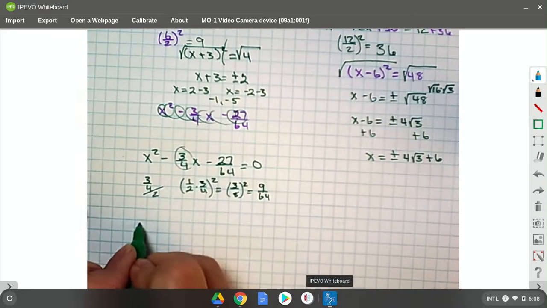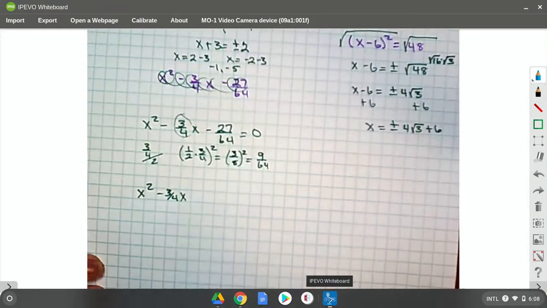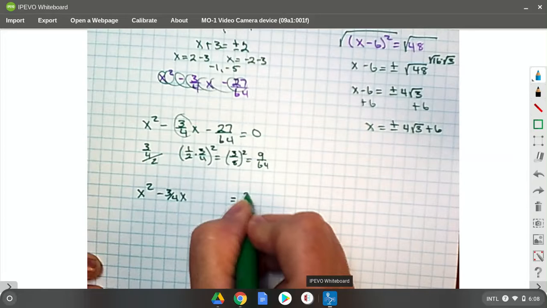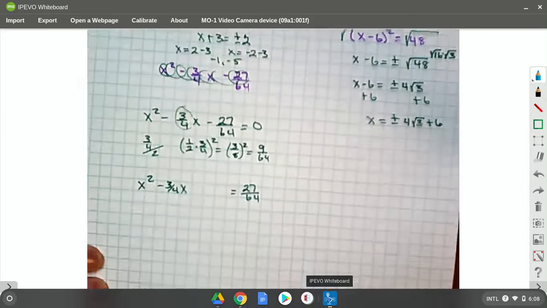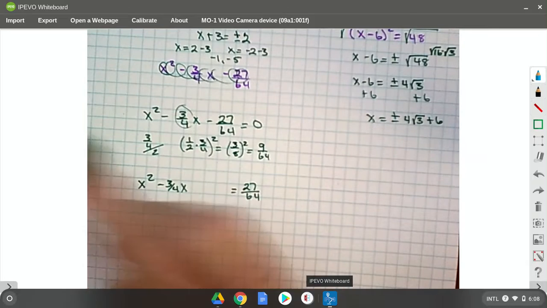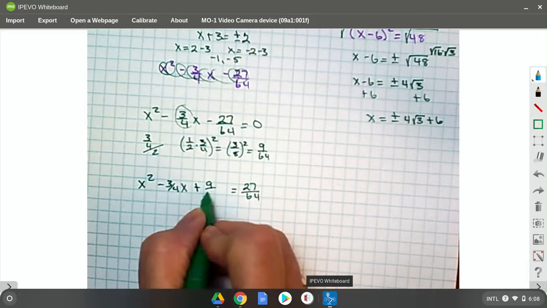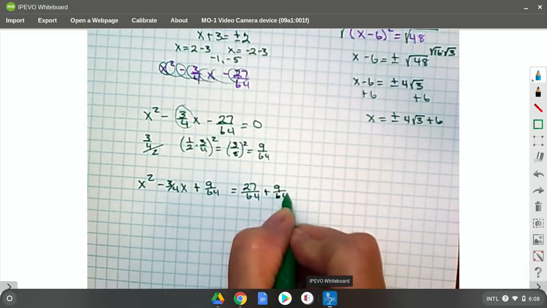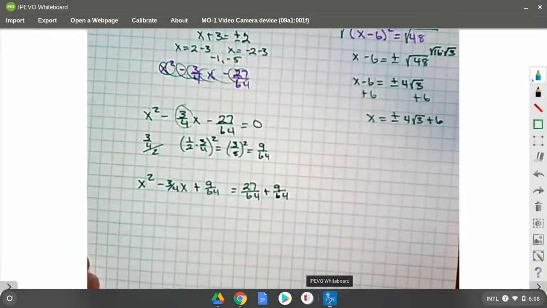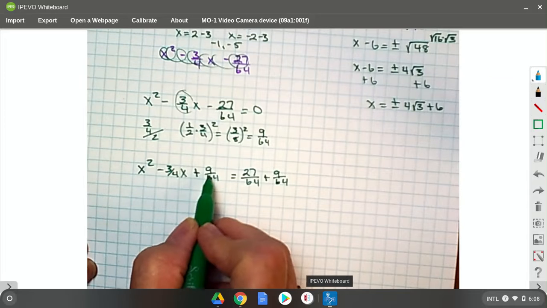All right, so x squared minus 3/4 x, and I'm moving that 27/64 to the other side because I don't want it. I want that trinomial square, plus 9/64 plus 9/64. Okay?